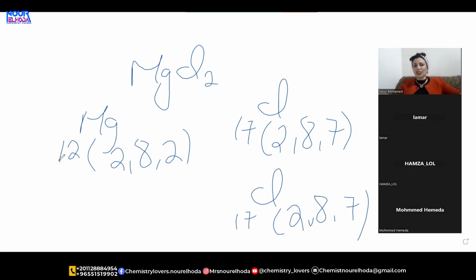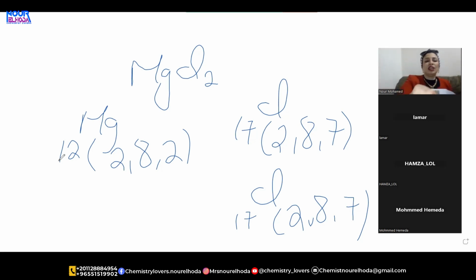Sometimes in the exam I'm going to tell you to draw a dot cross diagram for magnesium chloride. I'm not going to tell you if it's an ionic bond or a covalent. I need to know, is it ionic or covalent? How should I know? Where is magnesium? Magnesium is here. Where is chlorine? Chlorine is here. So one is a metal and one a non-metal, so it's an ionic bond.